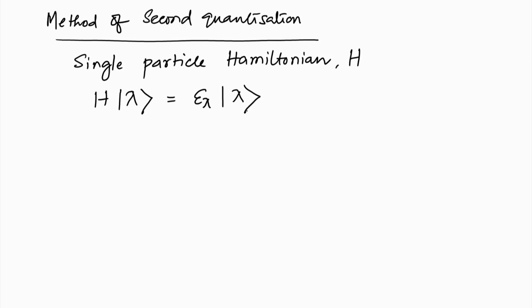This lambda can in principle be any quantum number suitable for that particular problem, which could be momentum or energy and so on. We are uncommitted about that at this point, and we write this as the eigenvalue equation.